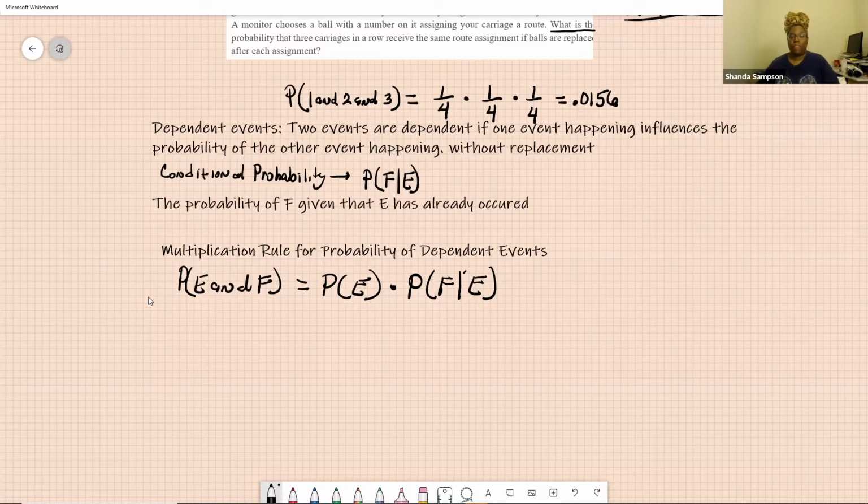So if it affects your second event, then you need to know that that's going to be conditional probability. You know that that's going to be a dependent event because your answer is based on after you do the first event, then your second event will depend on what happened in the first event.